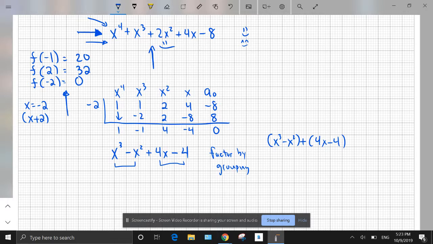We could factor out our x squared, so here we have x minus 1, and then plus. We could factor out a 4 here, so 4x minus 4, I mean x minus 1. So here we have x squared plus 4, and our second factor is x minus 1.